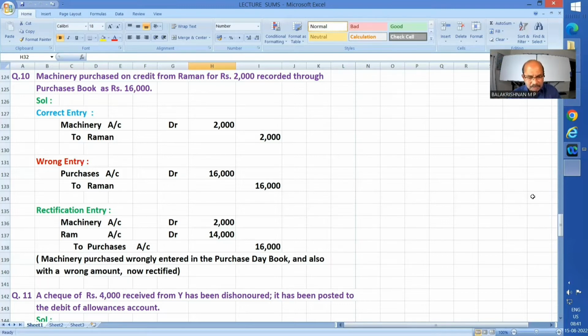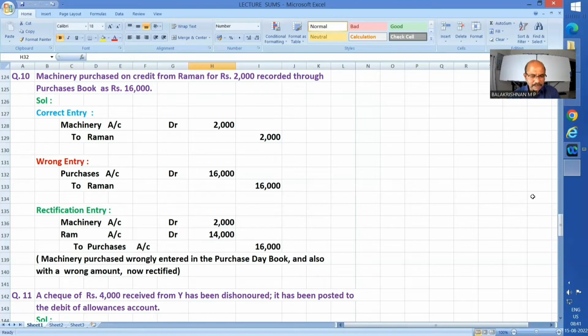Raman has been excessively credited with a net amount of 14,000. That is 16,000 minus 2,000. So debit him with the same amount to nullify that mistake. And purchase account has been unnecessarily debited with 16,000. So have it credited with the same amount.